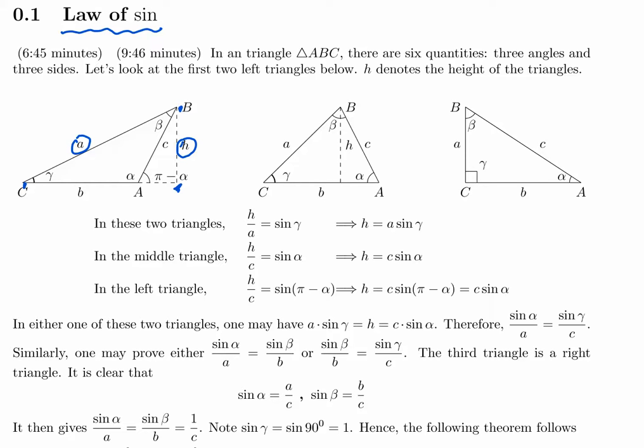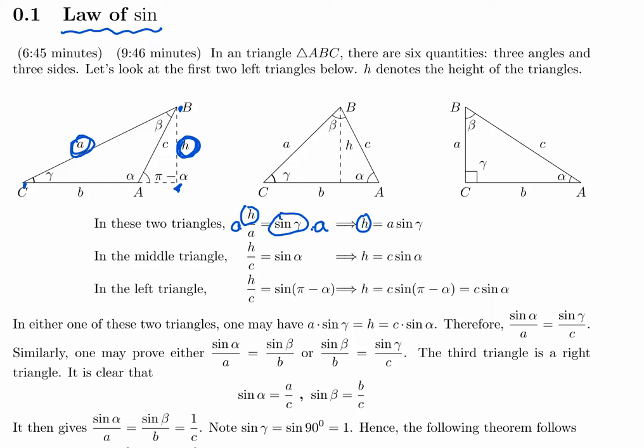So H over this side, A, is sine gamma, H over A. Then you multiply both sides by A. You may cancel the A with the bottom A. You then have H on the left-hand side, left alone.